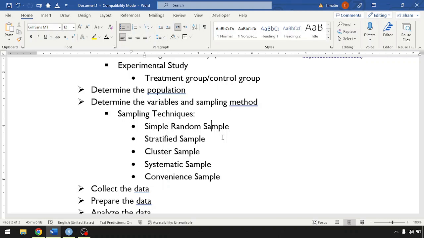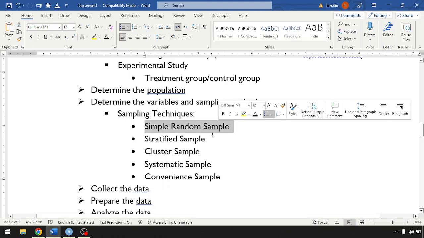In simple random sampling, the researcher makes sure that all the samples drawn from a population have an equal chance of being selected, so that there's no bias while drawing the samples. For example, if you were to draw five samples out of 20 objects, you need to ensure that each of them has an equal chance of being selected, not one over the other.